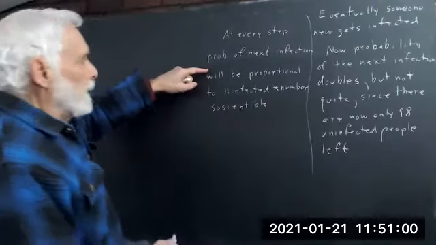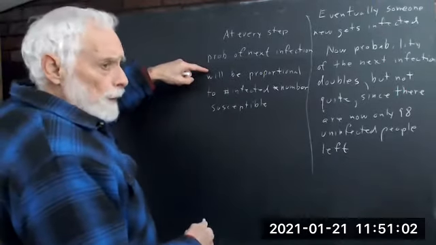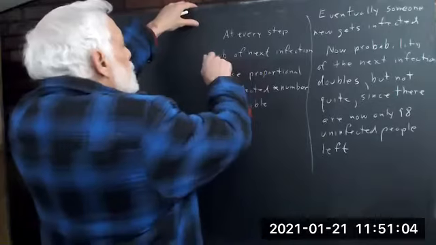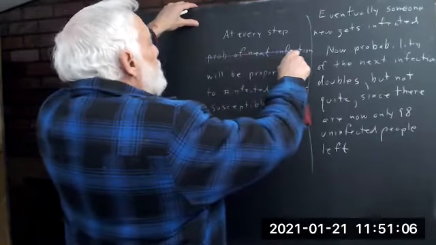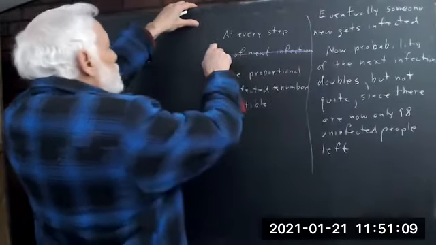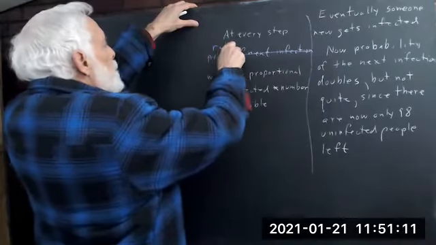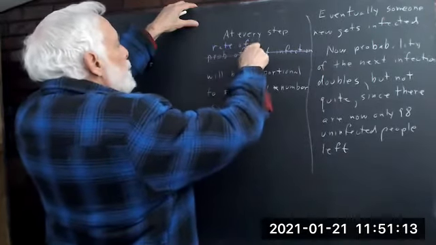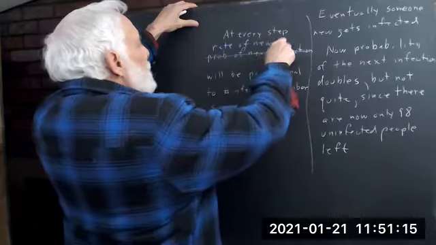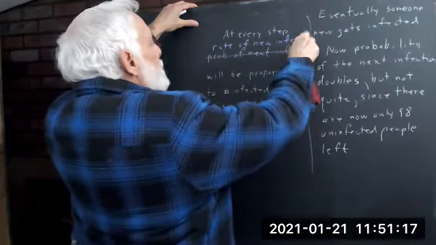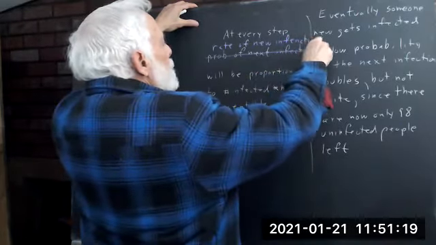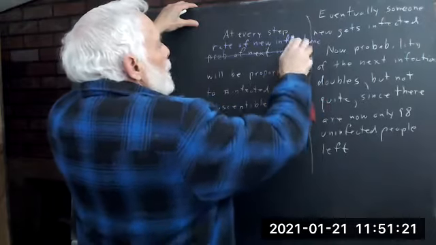So I'm going to say this isn't quite right. Probability of the next infection. I'm going to say the rate of new infections.